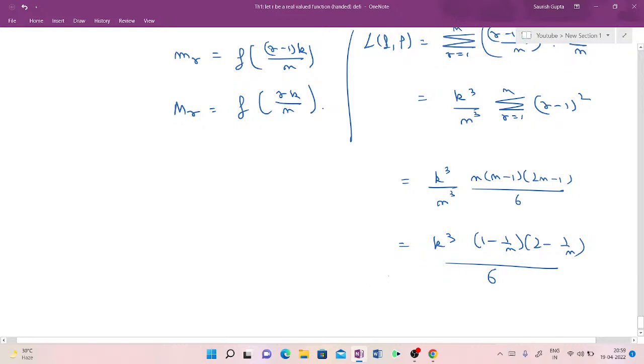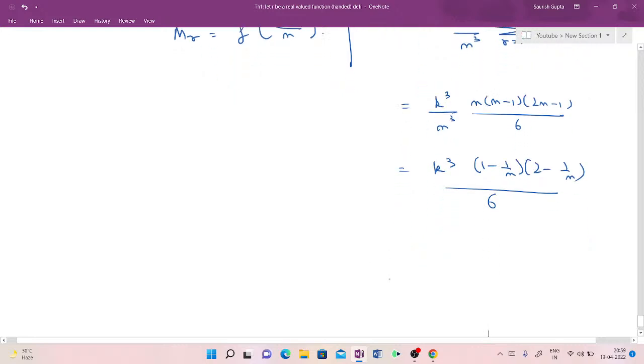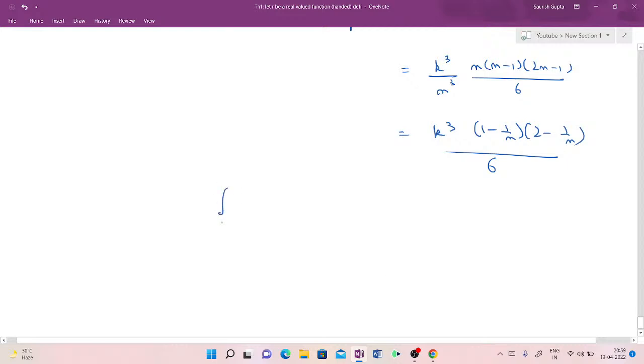Now if you want to find the lower integral, that is the integral from 0 to k of x square dx, you just apply limit n tends to infinity to LFP. If you put limit n tends to infinity here, this becomes 0, this becomes 0, you are left with k cube by 3.